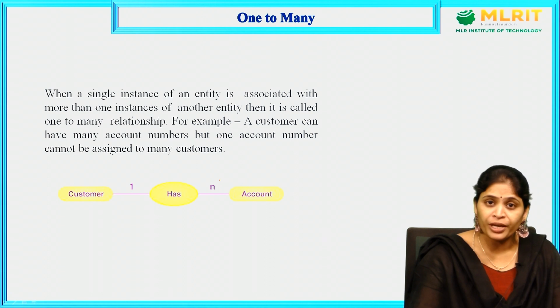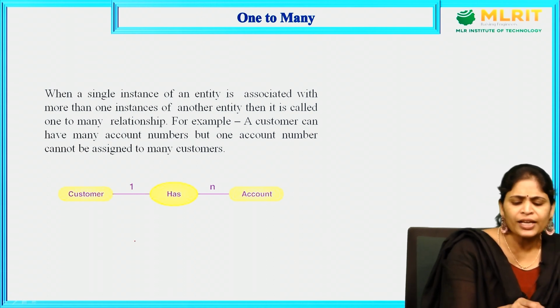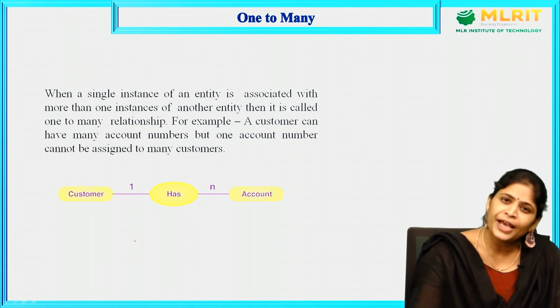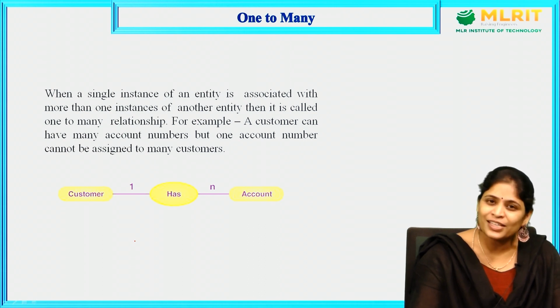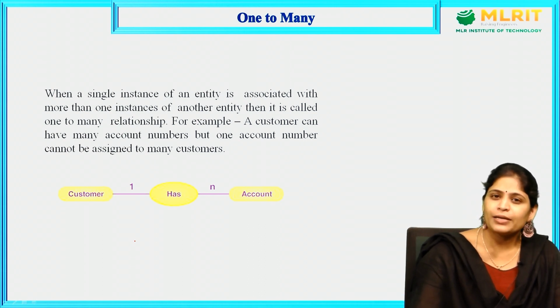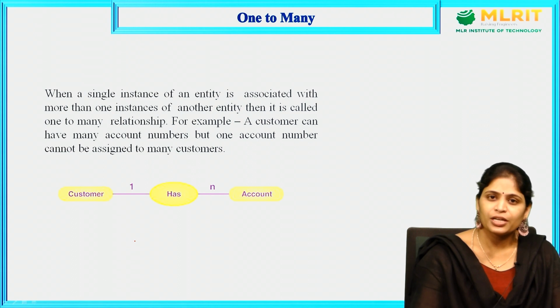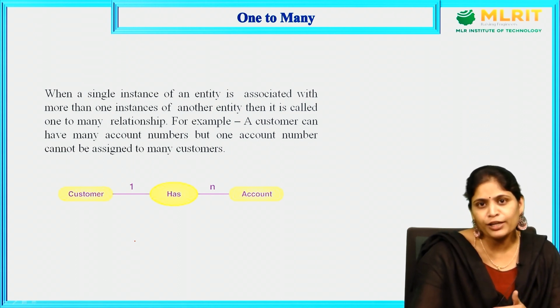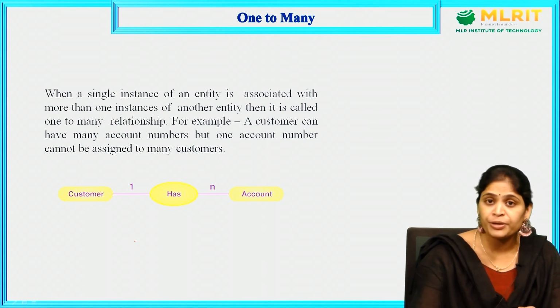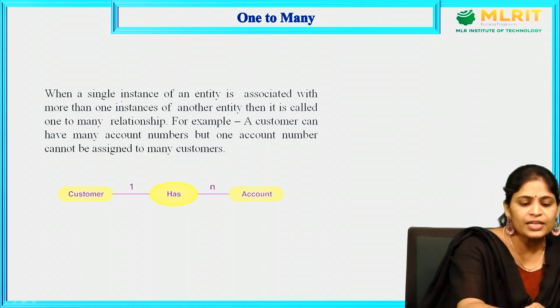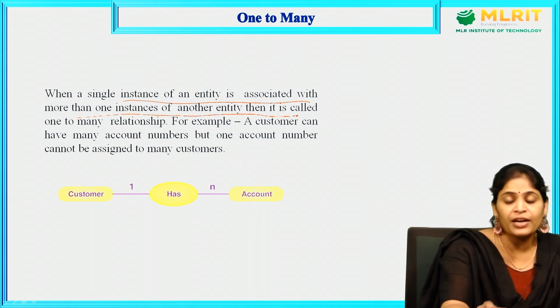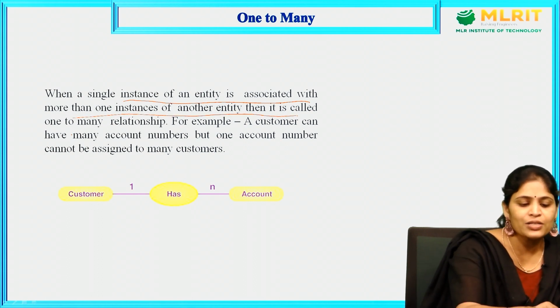Next, one to many. So here a customer can have many account numbers, or a person can have many mobile numbers, that we call a one-to-many relationship. Even one entity can have many mobile numbers, many account numbers, like that. So when a single instance of an entity is associated with more than one instance of another entity, then it is called a one-to-many relationship.